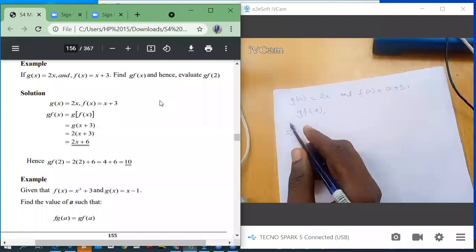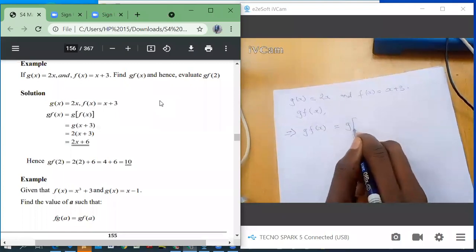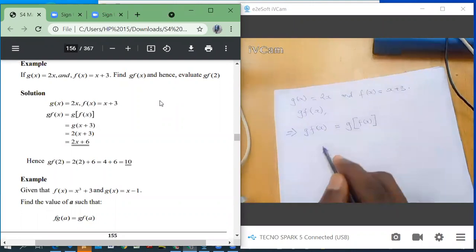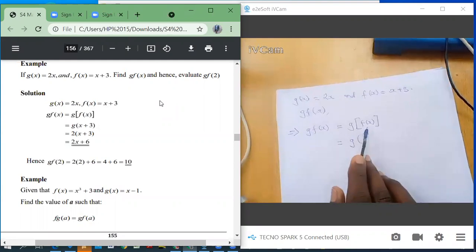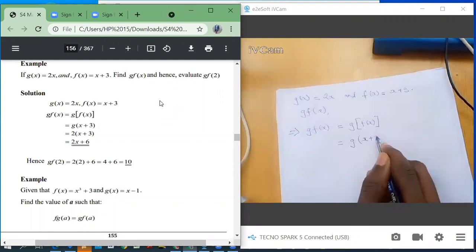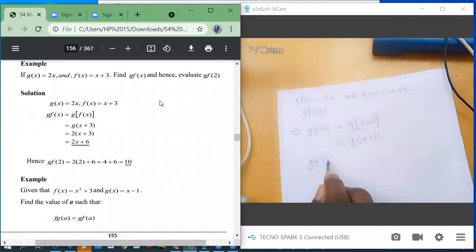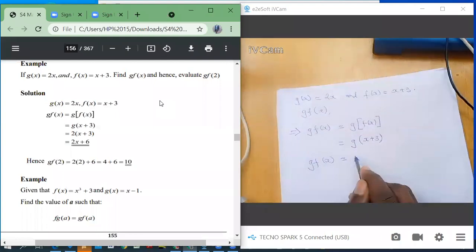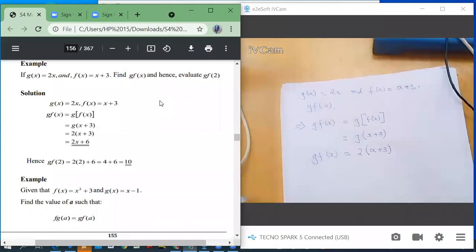We shall have g f of x equals g into f of x. What is f of x? f of x was x plus 3, as it was given. Then carry that and put it in g. So g f of x will be 2 into x plus 3, not so?